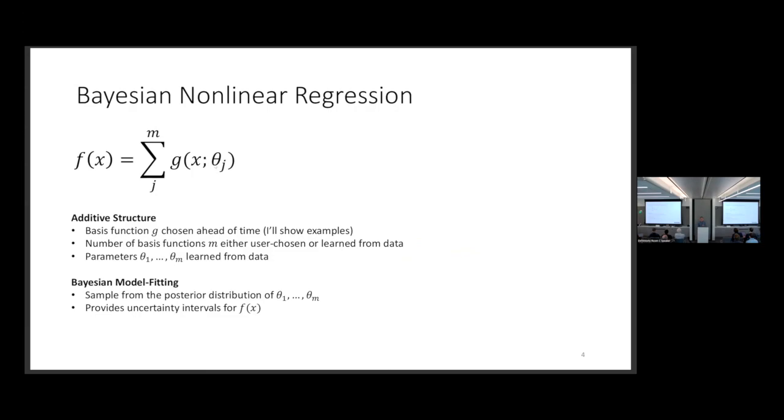They could even be unstructured data or different types of structured data. I'll show some examples to come, but in this framework, sometimes the number of basis functions can be learned from the data, or sometimes you just fix it ahead of time. The parameters theta will be learned from the data. The Bayesian framework will be sampling from the posterior distribution of these parameters, and the nice thing that comes out of this is uncertainty intervals for our mean function.